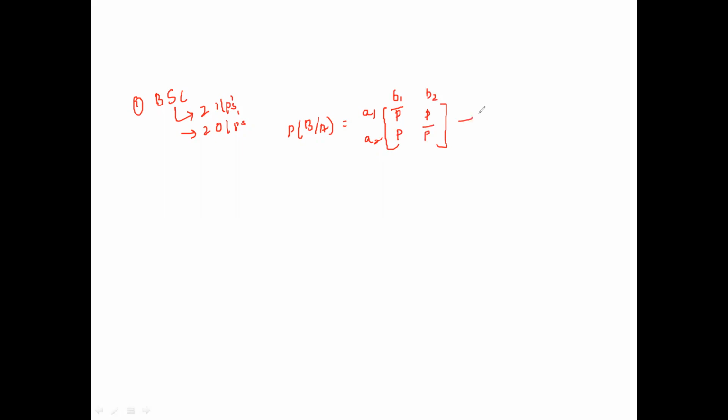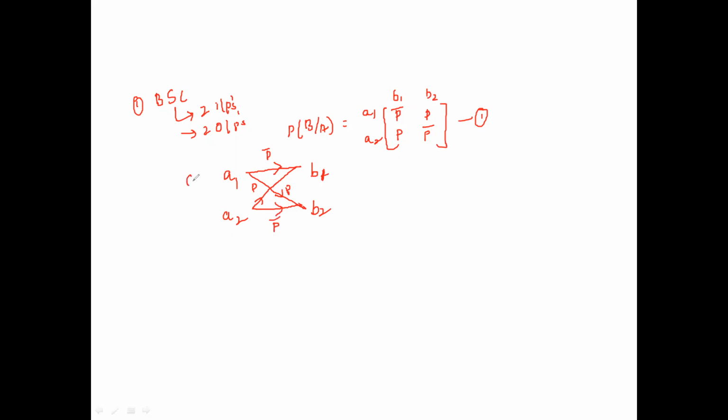Let me tell you why I have written P bar and P. To write the channel diagram, I have A1, A2 and two output symbols B1 and B2. The probability of transmitting A1 to B1 is P bar, A1 to B2 is P, A2 to B1 is P, and A2 to B2 is P bar.